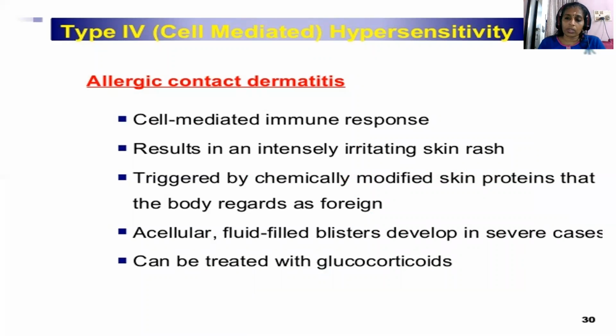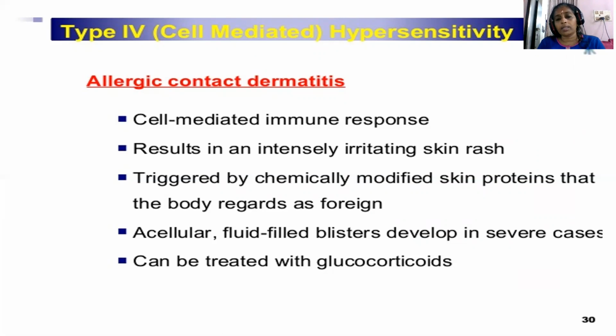Another cell-mediated reaction is allergic contact dermatitis. This is a cell-mediated immune response resulting in intensely irritating skin rashes triggered by chemically modified skin protein that the body regards as foreign. Fluid-filled blisters develop in severe cases, and it can be treated with glucocorticosteroids.